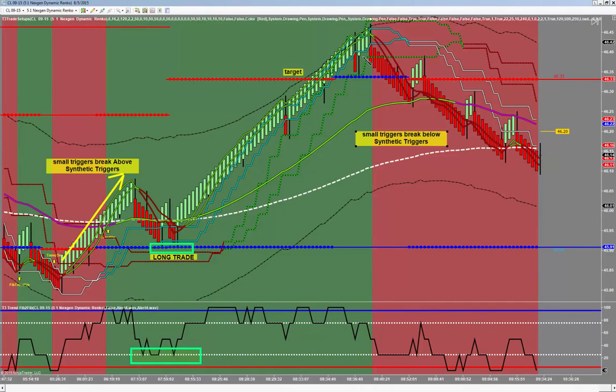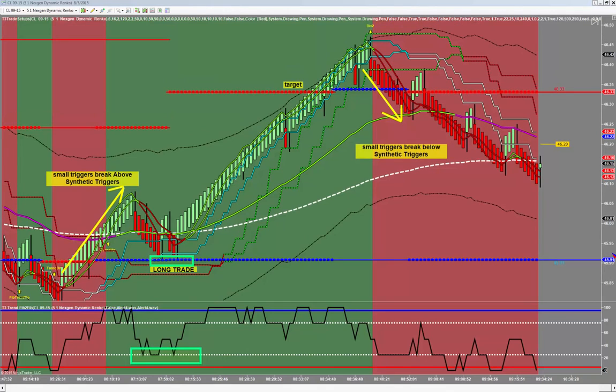Can everybody agree that our small triggers have broken below all of the synthetic triggers here? Which means what? We're going to try to trade Fibonacci resistances if we have them. Do you see any Fibonacci resistances on your chart?